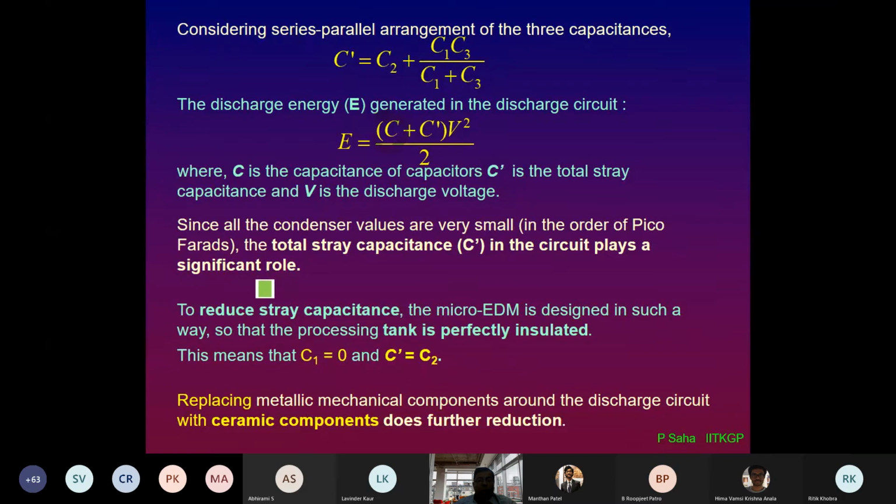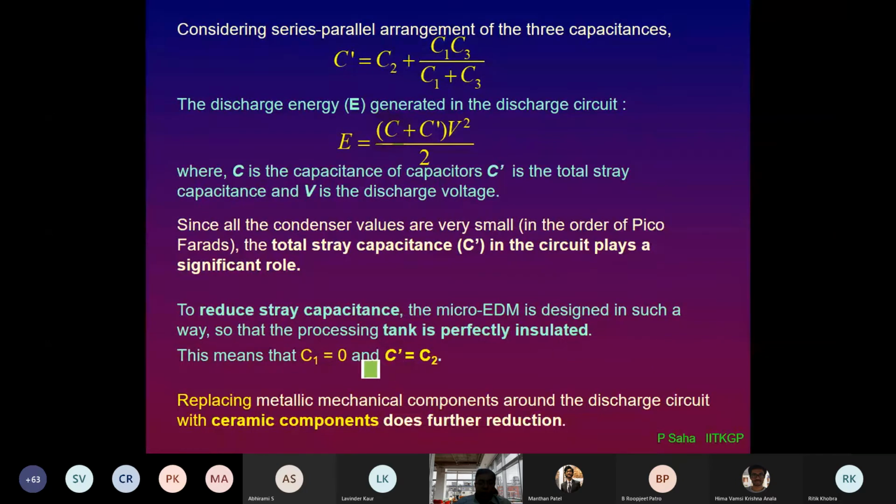So what is the way out? While you design the machine, you design it so that the overall stray capacitance can be reduced. So how can you do it? The micro EDM setup is designed in such a way that the processing tank will be perfectly insulated.